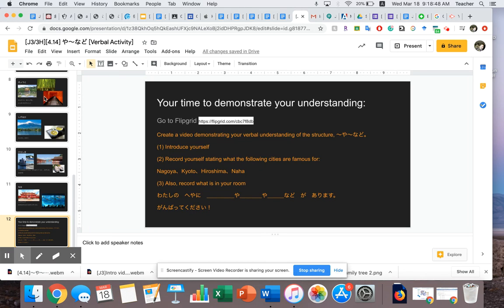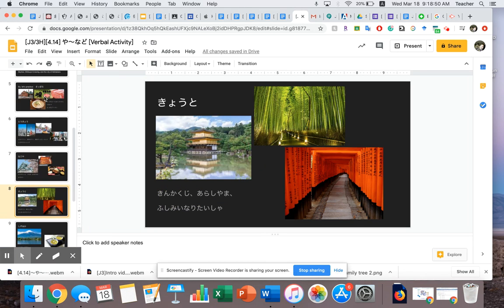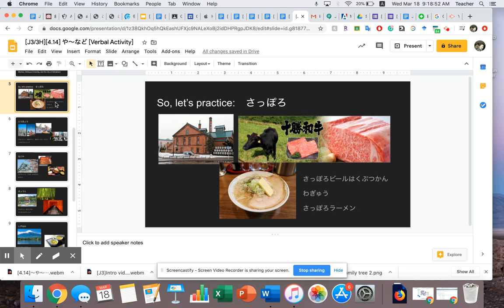And so, if we were to go back to this slide right here, this one we used specifically to do ya and nado, but we can actually use this for the tari tari as well, right?